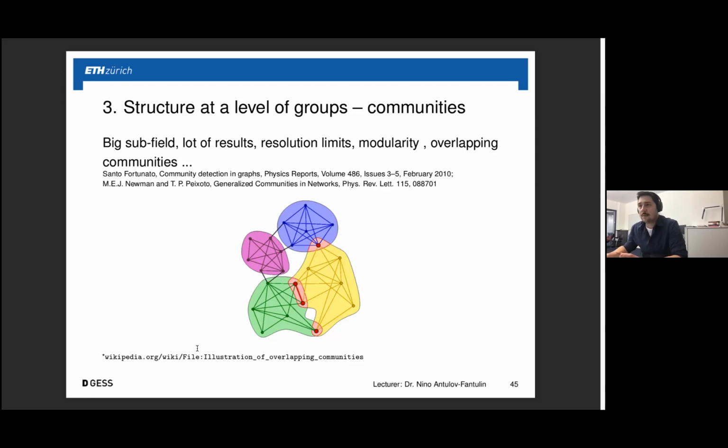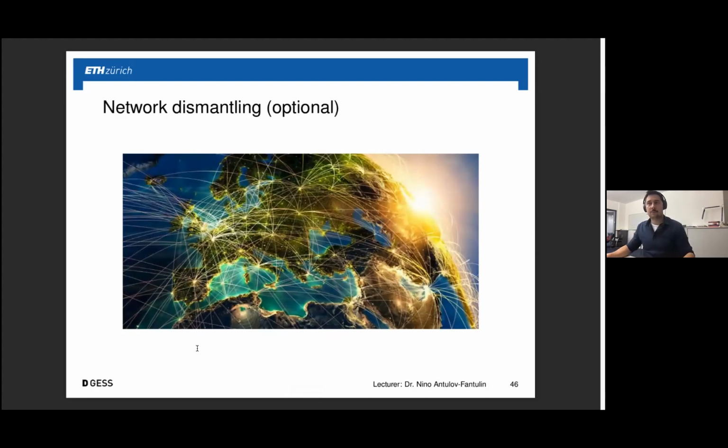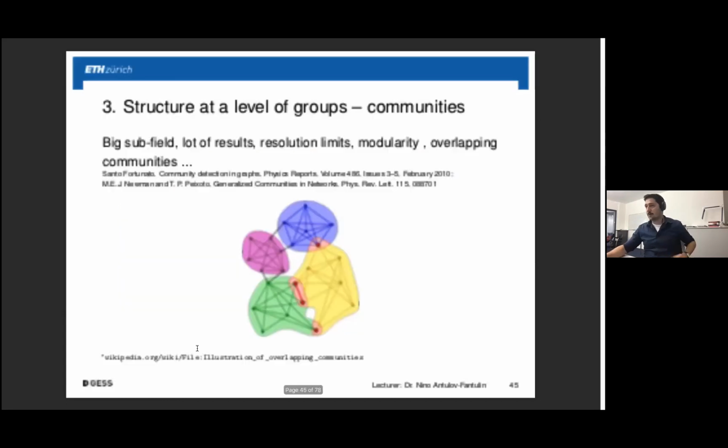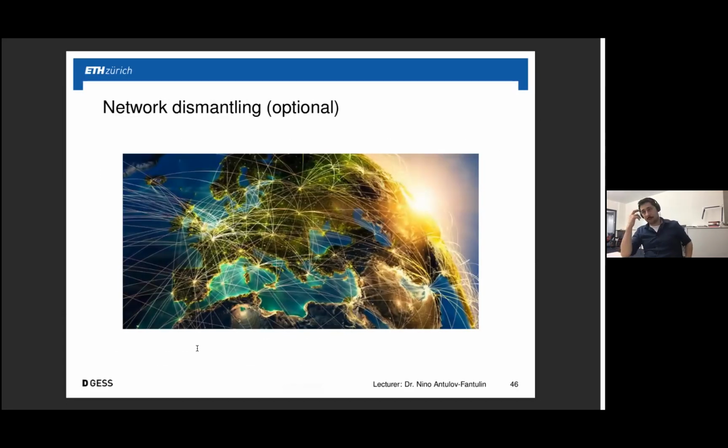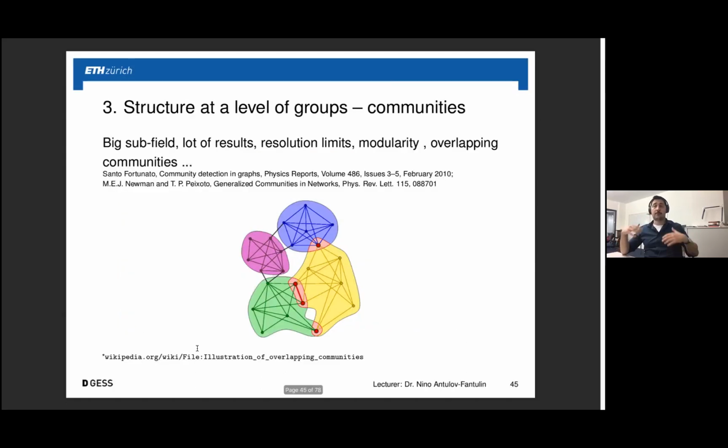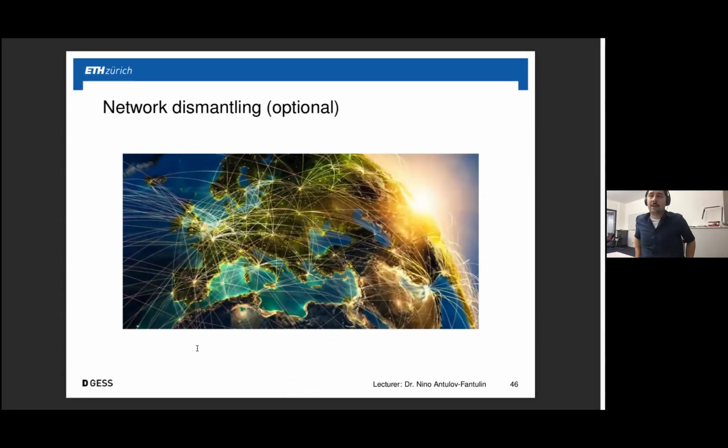And with this I would close the topic of the structure, the level of groups, and also motivate one applicational point. Since we have already talked about communities and partitioning, I would show you one applicational problem.